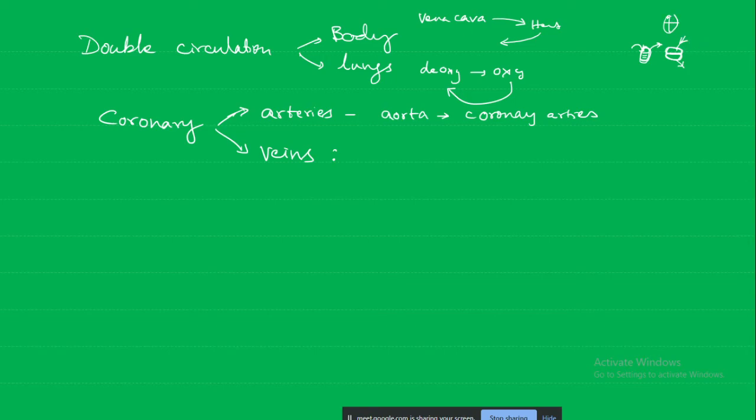When we come to the human system, we also have separate lungs. Some smaller organisms, like insects and fishes, take the oxygen by their gills or from the skin surface, so they don't need a separate circulation for the lungs. Here we consider the body as one separate circulation and the lungs as another. A lot of importance is given to separate circulation for the lungs, so the four-chambered heart helps this purpose.